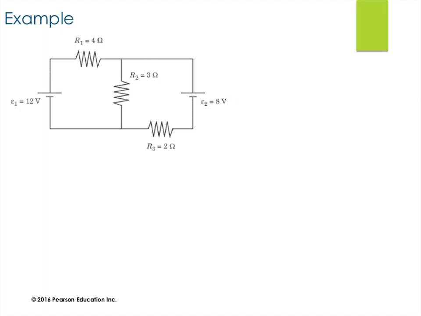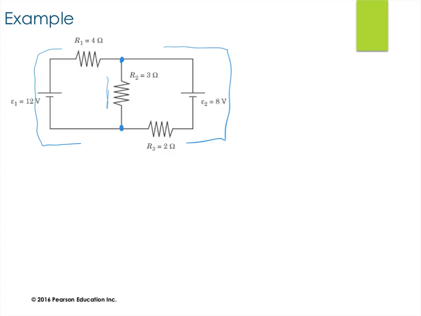I'm going to do this example, and I think once we see it being used, it'll make a lot more sense. I have 2 junction points on this circuit, and that means there's a certain amount of current that goes through this side, there's a certain amount that goes through the middle, and then there's a certain amount of current that goes through the right-hand side.